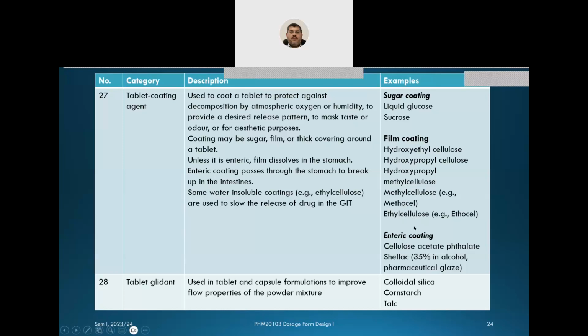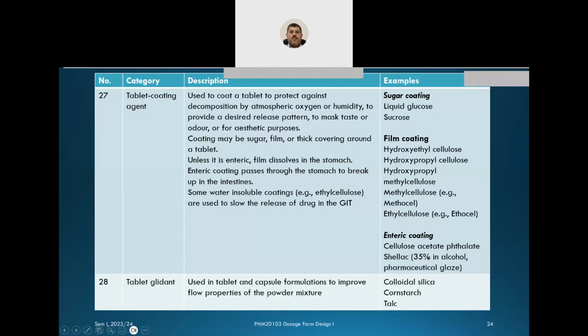If I want the tablet to stay intact in the stomach, not dissolve in the acidic pH of the stomach, and dissolve only once it reaches the intestine, then I make an enteric coating. I usually use substances like phthalates, or shellac, cellulose acetate phthalate. There are different phthalates that can be used for enteric coating, and shellac is a natural material from bugs, dissolved in alcohol at a concentration of 35%.